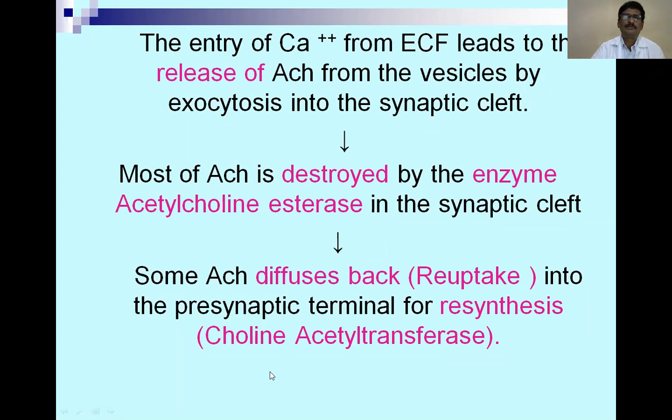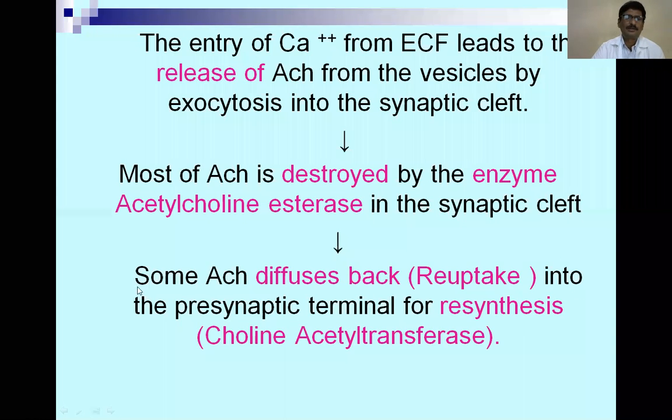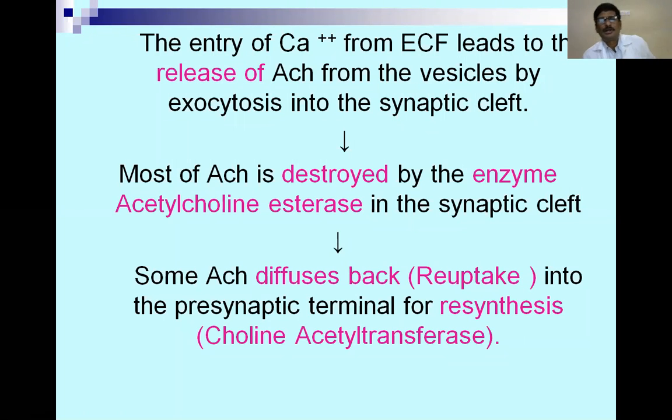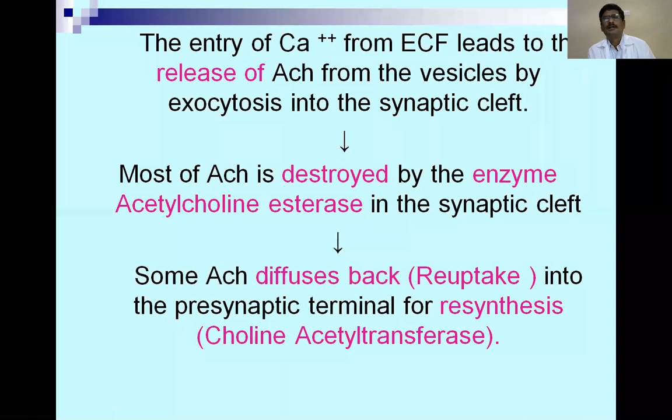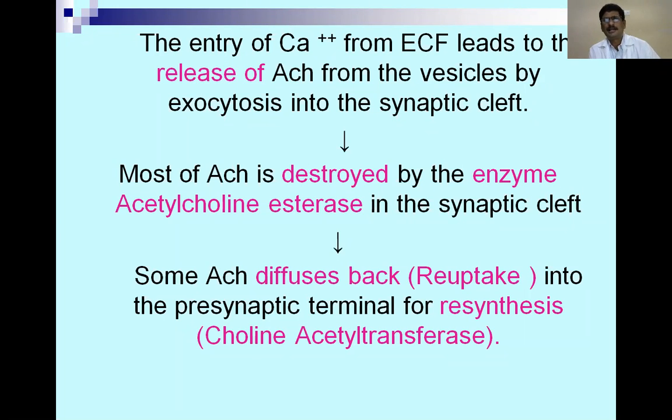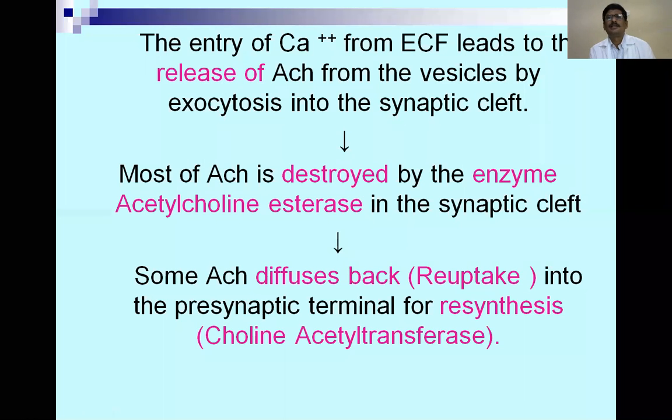Now, some of the products will diffuse back into the nerve terminal and be taken up for further synthesis. It is broken down into choline and acetate, and choline will be taken up by the nerve terminal, and acetate will enter the bloodstream again and reach the nerve where it is used for further synthesis.